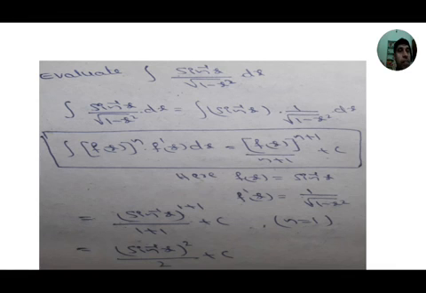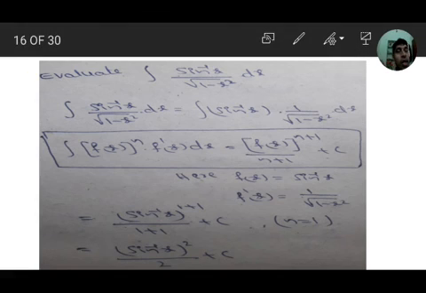Next, evaluate integration of sin inverse x by square root of 1 minus x square dx.